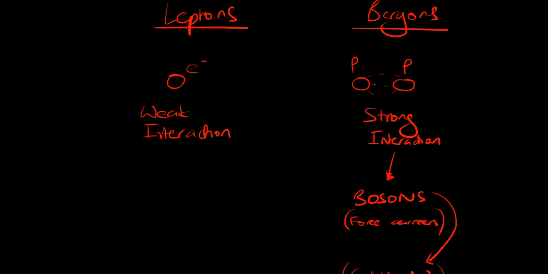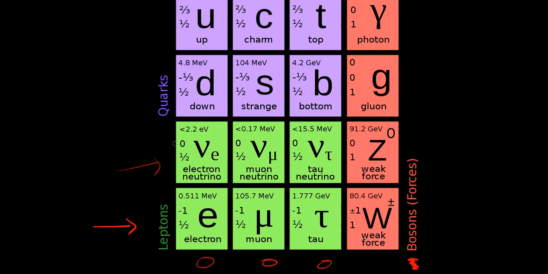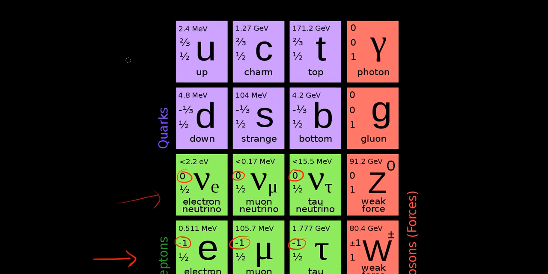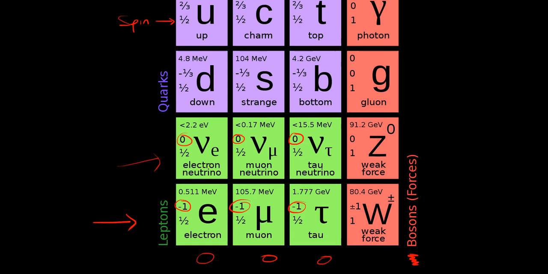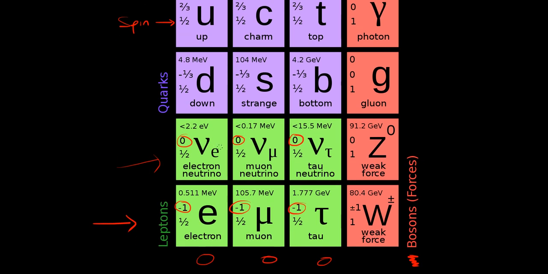The neutrinos that are also leptons have zero charge, very similar to a neutron. And of course the electrons, muons, and tauons have -1 charges. An important thing that you might want to notice is this half over here, and this is spin. You'll notice that all the fermions, quarks and leptons, have half spins, so non-integer spins.